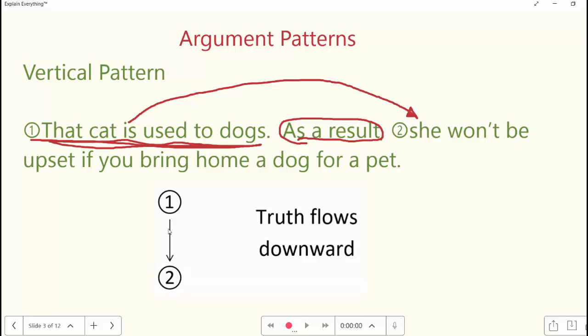And in a simple case like this, we have one arrow. One is supposed to suggest that 2 is true. So one thing to keep in mind when considering what this represents: truth flows downwards. The person asserting this argument is saying, look, 1 is true, therefore you should accept 2 to be true.